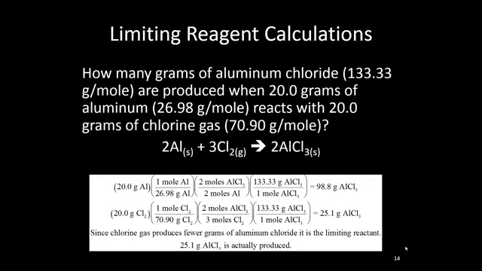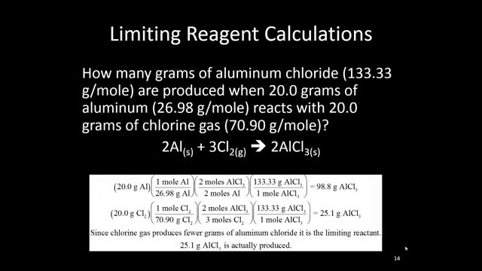If you repeat the calculation beginning this time with 20 grams of chlorine gas, you will note that instead of producing 98.8 grams of aluminum chloride, you now produce 25.1 grams of aluminum chloride. This tells me that chlorine gas is the limiting reagent and that the theoretical yield of this process is 25.1 grams of aluminum chloride.